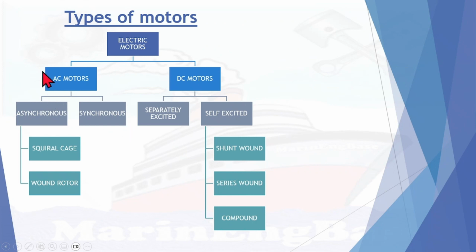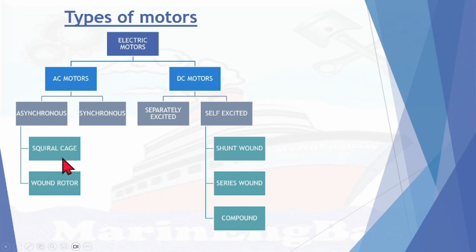So far, we have covered AC motors, and there are two categories: asynchronous motors and synchronous motors. Asynchronous motors means there is a difference between the stator magnetic field and the rotor magnetic field, or the rotor speed. The stator magnetic field always runs faster than the rotor, so we say it has a slip.